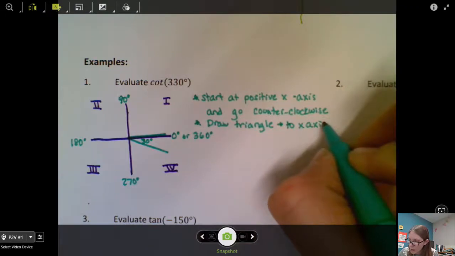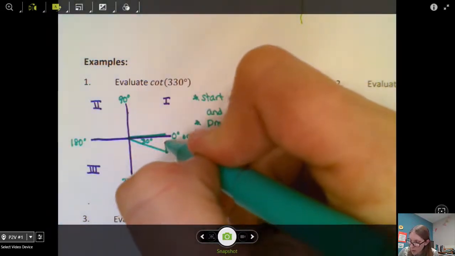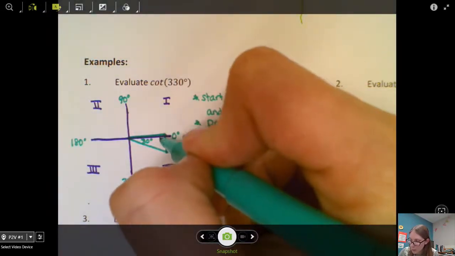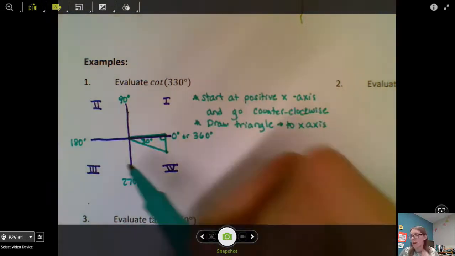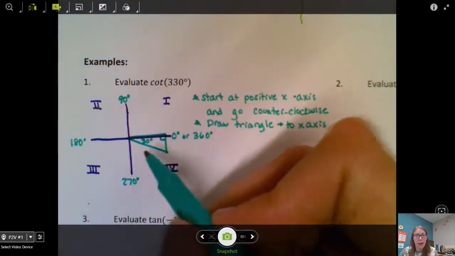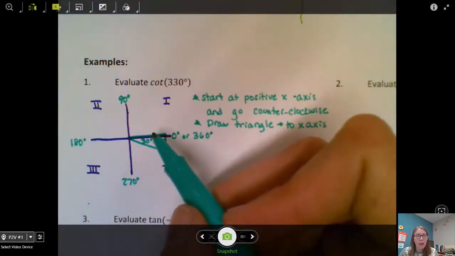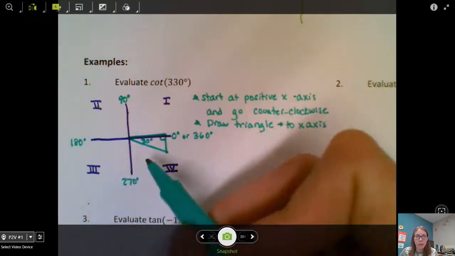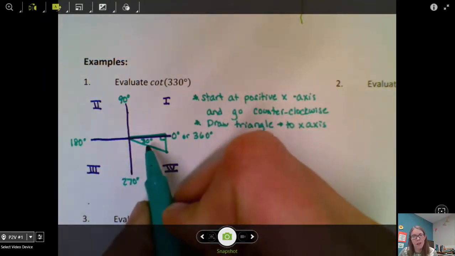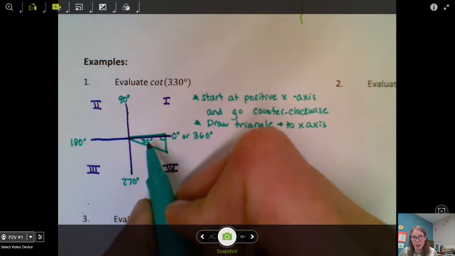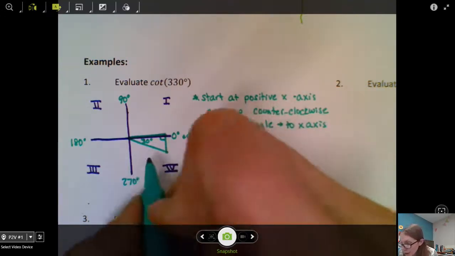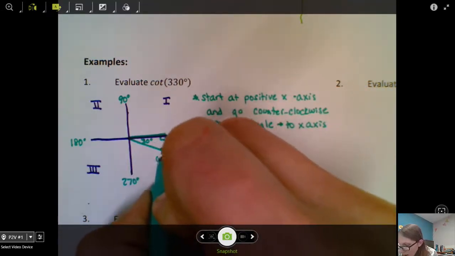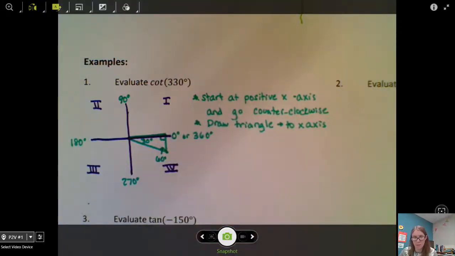And we always want to draw up or down to the x-axis, depending where we are, so that we get a right triangle here. And if you look at what we have here, when we have our 330-degree angle, I have a 30-degree angle and a 90-degree angle. That means this has to be a 60-degree angle. I have a 30, 60, 90 triangle.